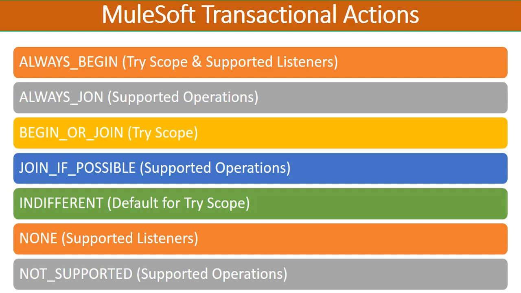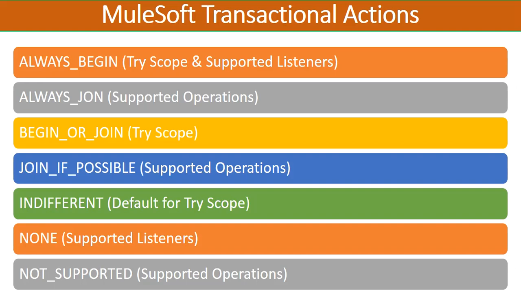So it's a loose style of transaction management, where you are choosing join if possible. And then indifferent, this is the default action for the try scope, but in this case, it doesn't care about it.